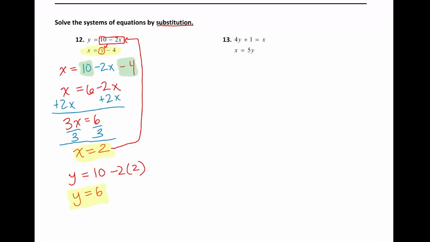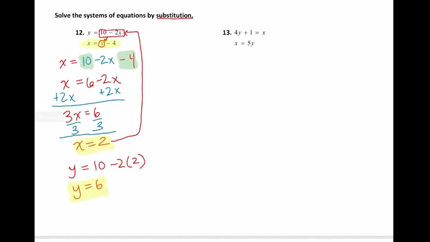Now I can write my solution as a coordinate pair 2, 6. And that'll be the point at which those 2 lines intersect. That is going to be the only combination of x and y that will satisfy both equations. And since the TSI is untimed, it might be worth taking the extra minute or 2 to plug those 2 numbers, x and y, into the equations to test and make sure it's right. But I'm not going to do that right now.